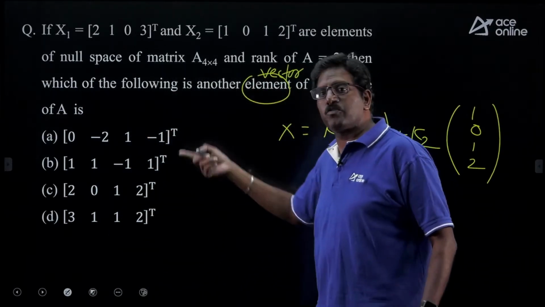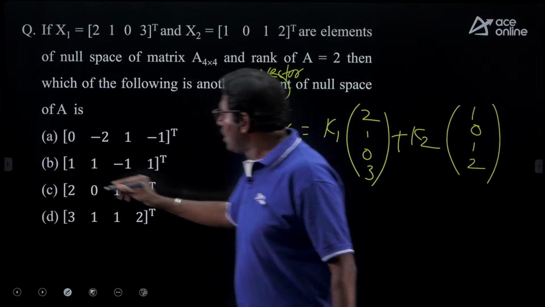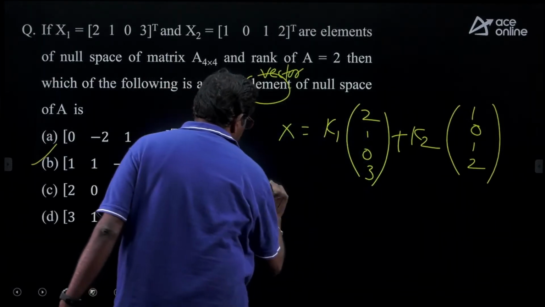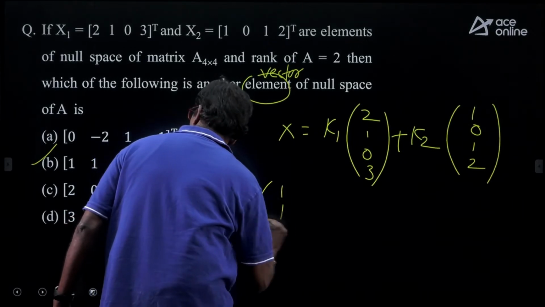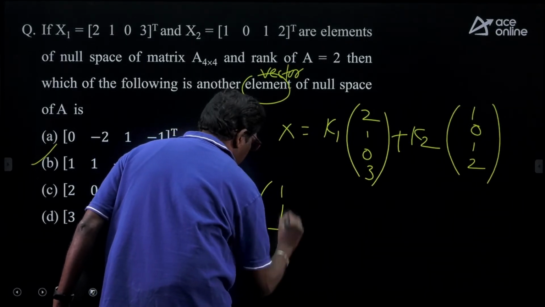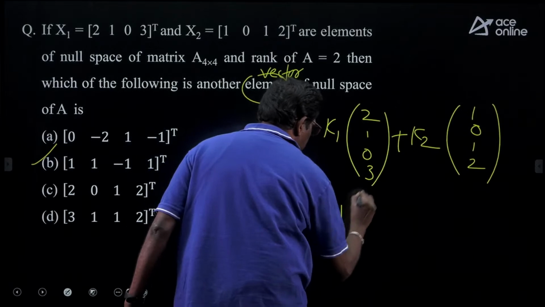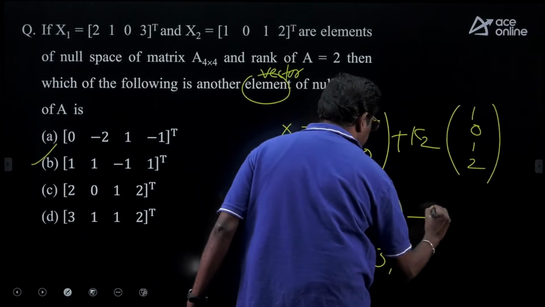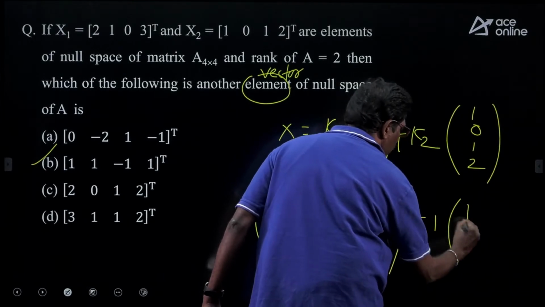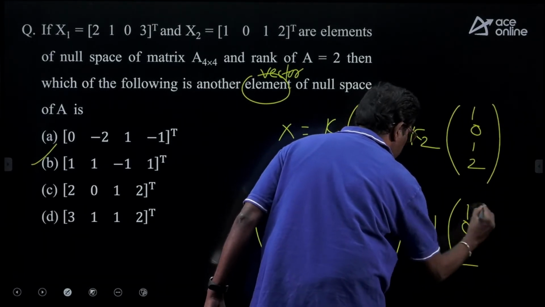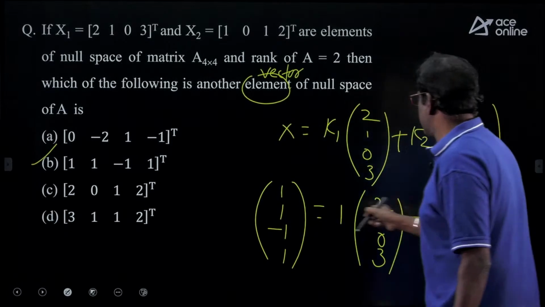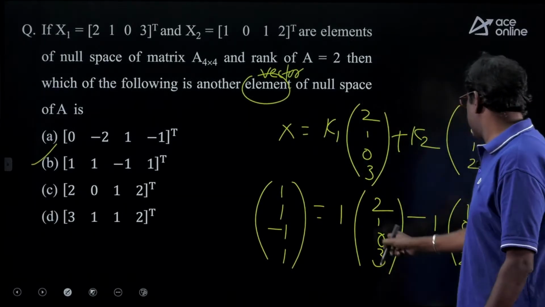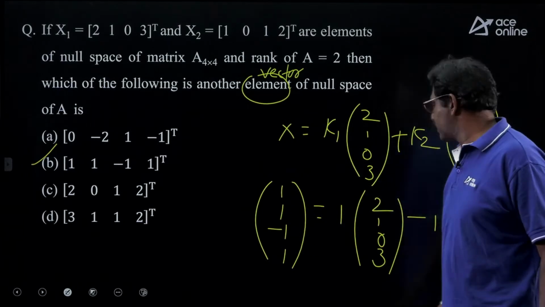Suppose if it is an MSQ question, maybe multiple options are available, but verify here, very clear from option B, say this, 1, 1, minus 1, 1 is equal to 1 into 2, 1, 0, 3 minus 1 into 1, 0, 1, 2. Check it once. 2 minus 1 is 1, satisfies or not? 1 minus 0, 1, satisfied. 0 minus 1, satisfied.